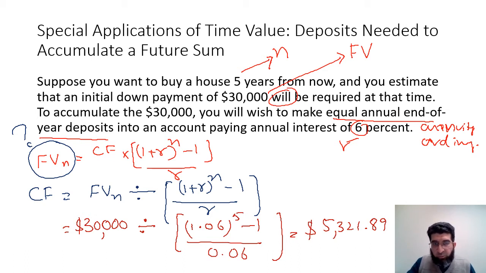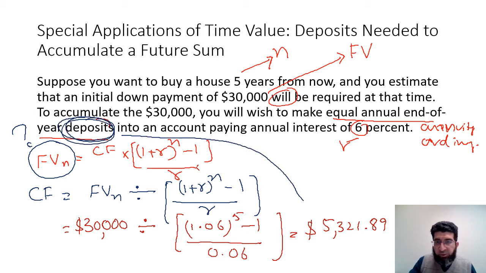So this is the amount that we have to deposit each year in order to accumulate $30,000, so that we can buy the house in 5 years' time.